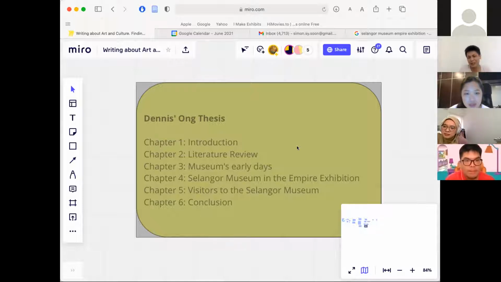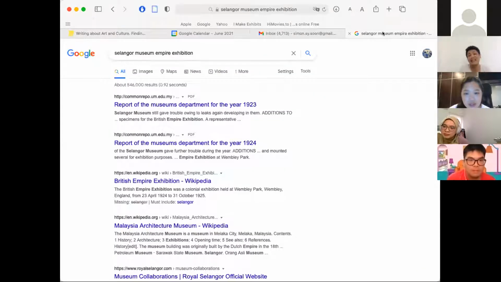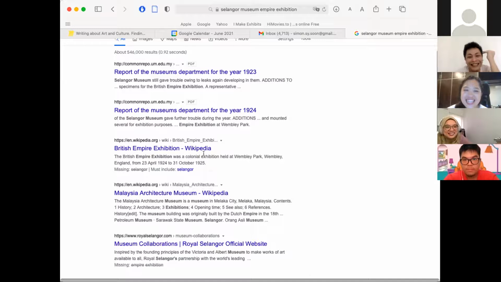You said you haven't found any evidence. But actually, it's very easy. You just type Selangor Museum Empire Exhibition. It's on Google. You just have to do the preliminary research, and there are documents pointing to what Selangor Museum contributed to the Empire Exhibition.